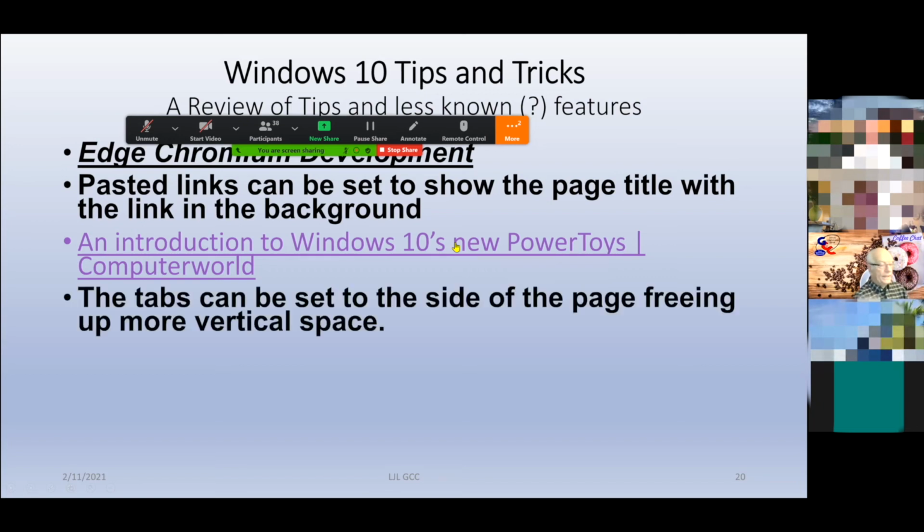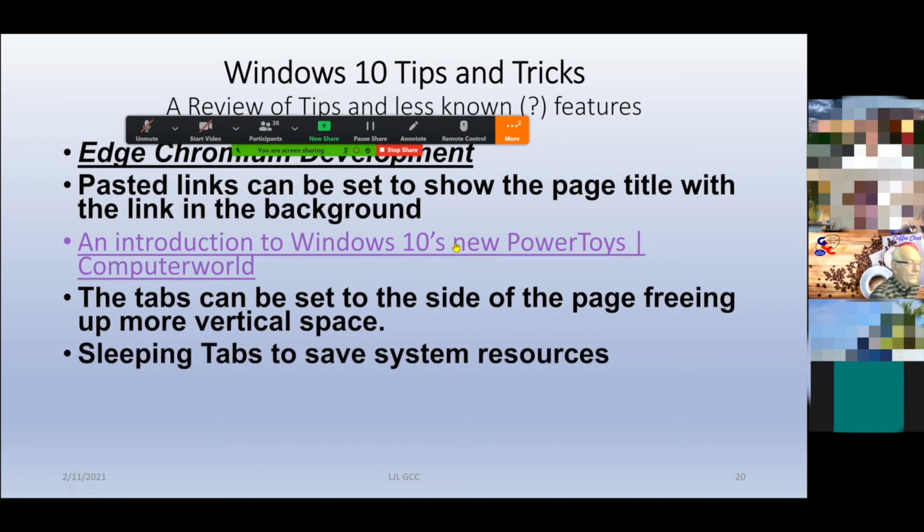The newer Edge has the ability to put the tabs at the side, so you get a little more vertical space. I've used this some, and I have to say you have to get used to that. The other thing in Edge now is what they call sleeping tabs.